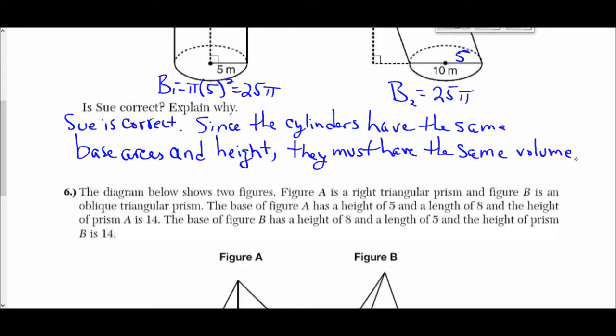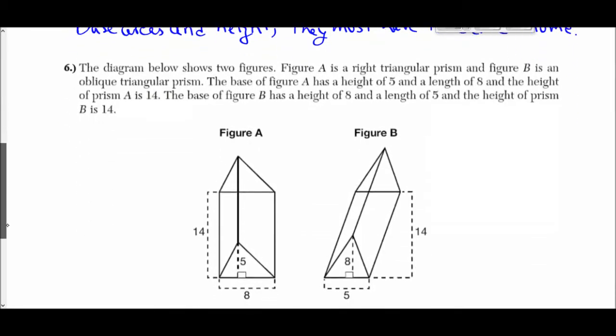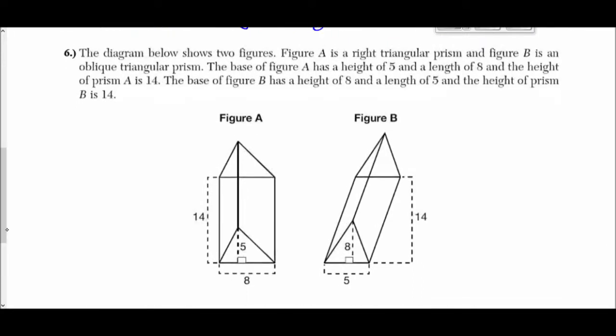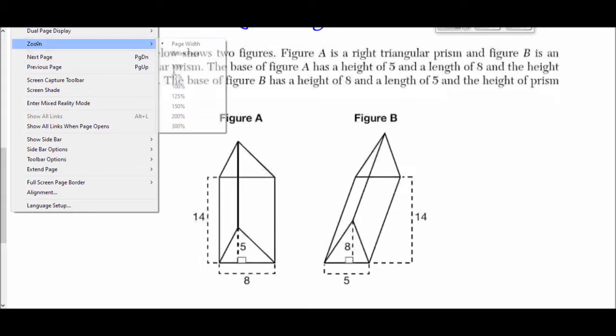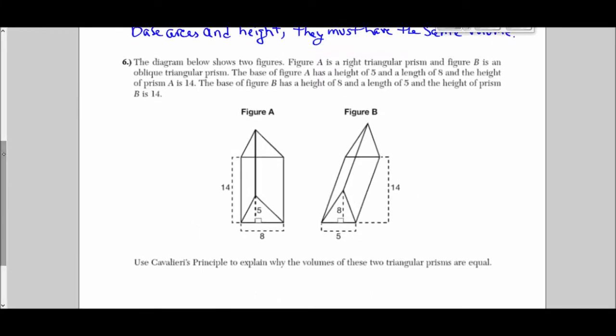All right. And number 6, our last one, is a lot like the one we just looked at, except there is one thing we have to include, and it has to do with the way they word it. So we have 2 triangular prisms, and it looks like they have the same height.